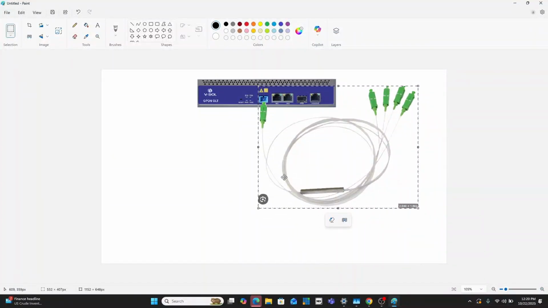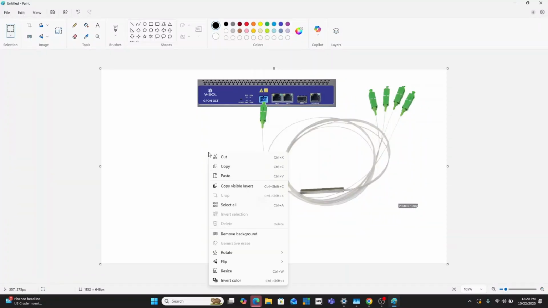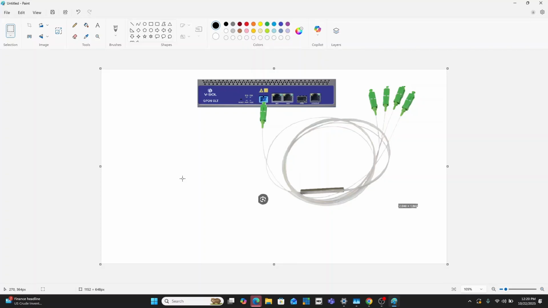Okay, oh. My artistic skills are coming to play. Yes.